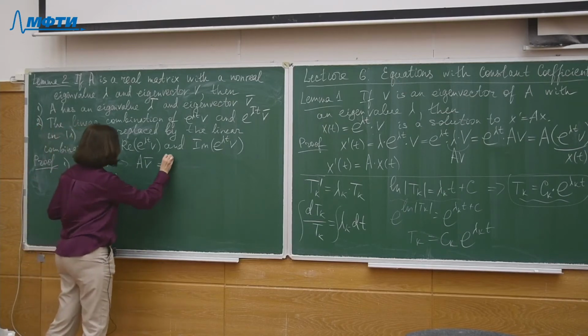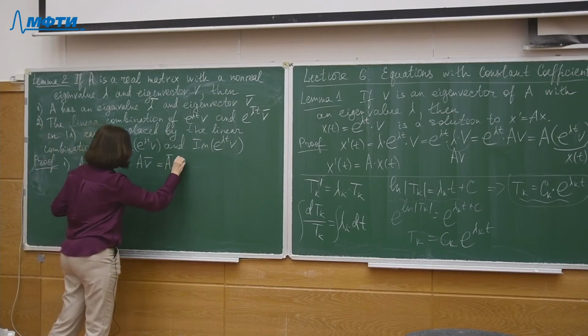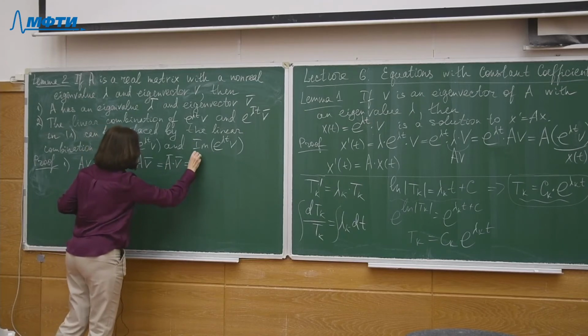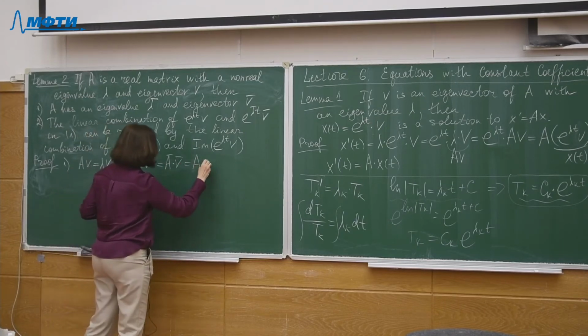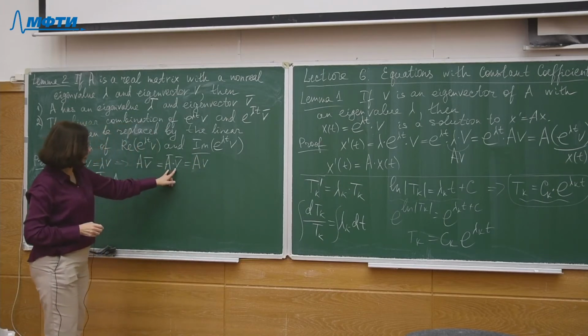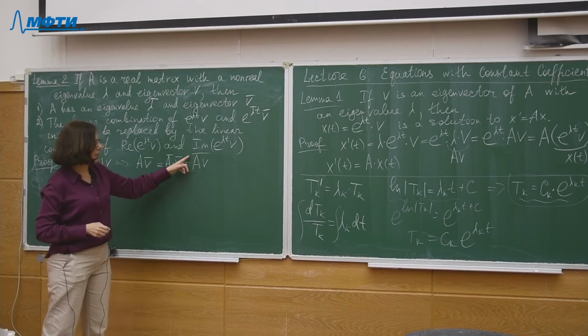So it is equal to A conjugate times v conjugate. By the rule of multiplication of complex numbers, this product is equal to the conjugate of Av.